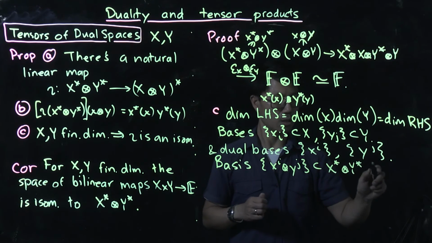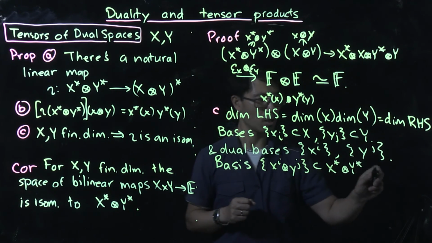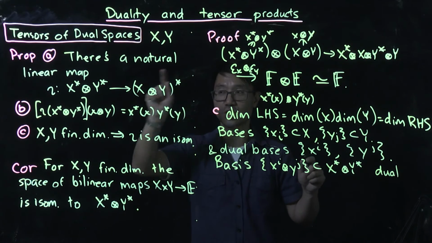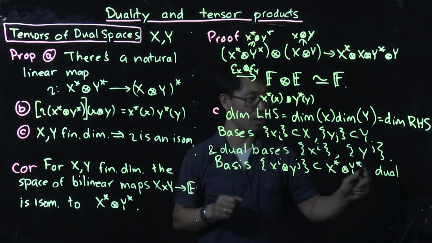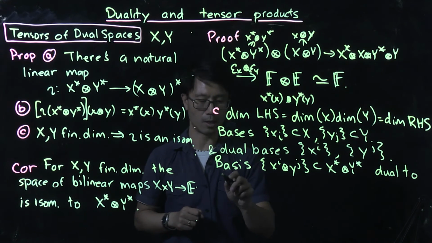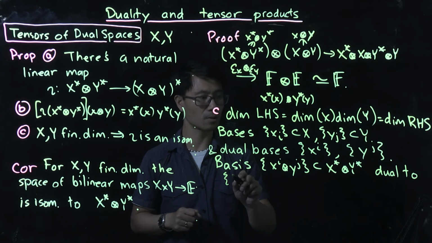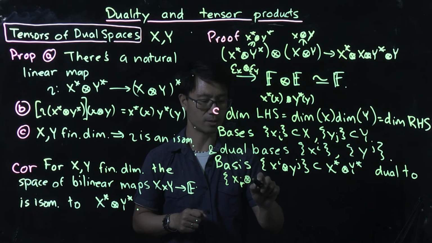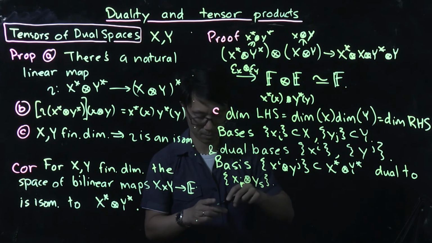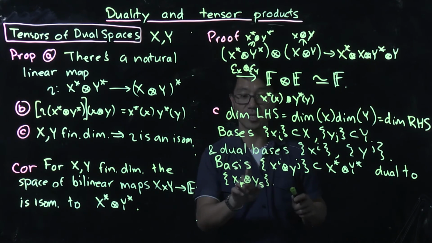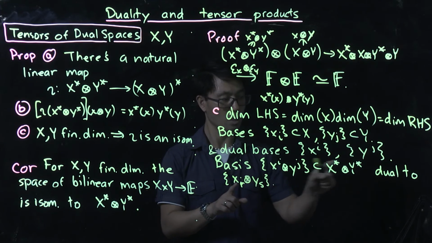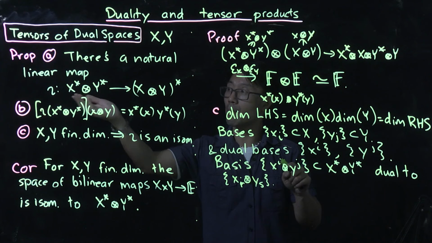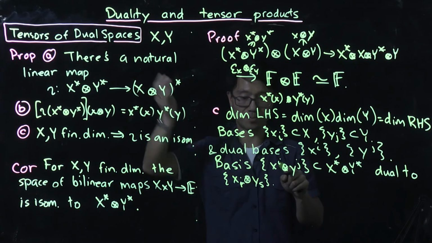All I have to do is show that it's a basis of this dual space, is to show that it's actually dual to a basis here, dual to the following basis, x_r tensor y_s. So let's check this. It's not dual at the moment, but when you apply iota, you land in here.